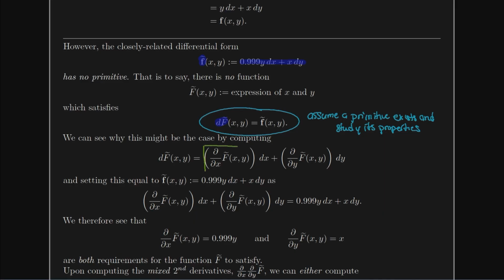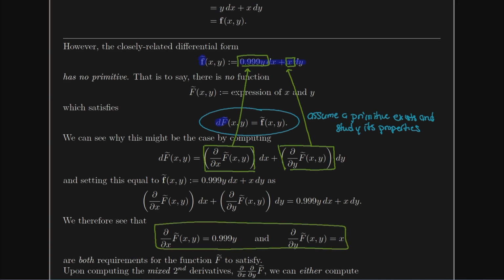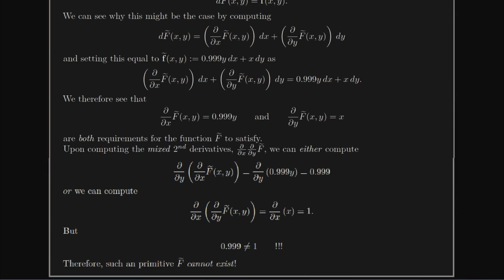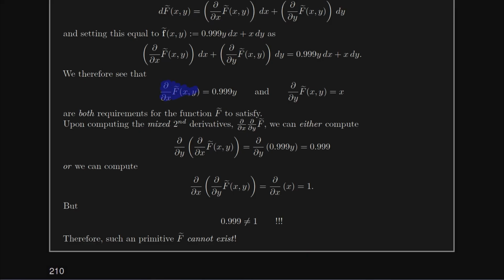The partial x of that primitive will have to agree with 0.999y, and partial y of that primitive will have to agree with x. Those will have to be true. That's what I've written down here. So that primitive has a property that if I take partial x on the primitive, I get 0.999y. If I take partial y on the primitive, I get x.